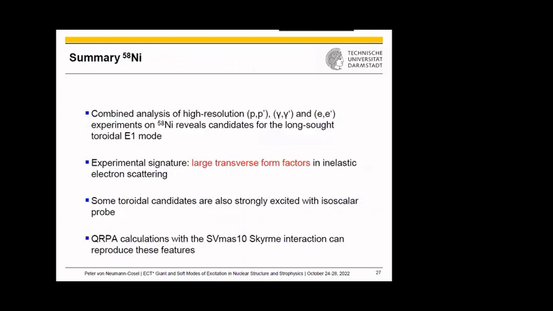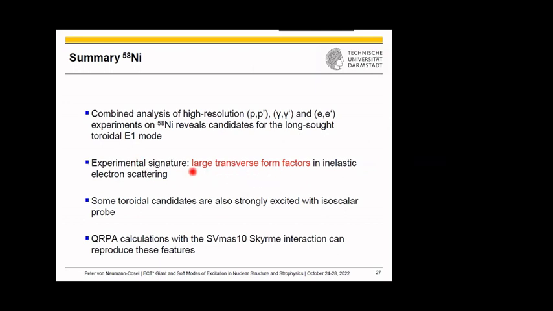Okay, let me summarize. I showed you a combined analysis of these high resolution proton, photon, and electron experiments on nickel 58. And we think they reveal candidates for the long-thought toroidal E1 mode. And the best experimental signature so far is looking at the transverse form factors.